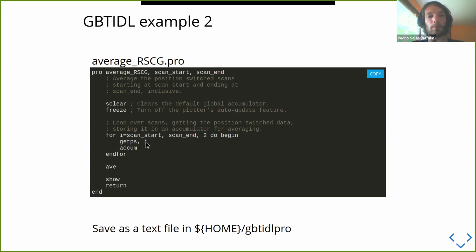If we do get PS on the on or on the off reference of the same sequence, it will show the same. So that's not relevant. That's why we loop over each two scans. And the accum command will save the contents of the primary data container so that we can later use the average command and average them all together.